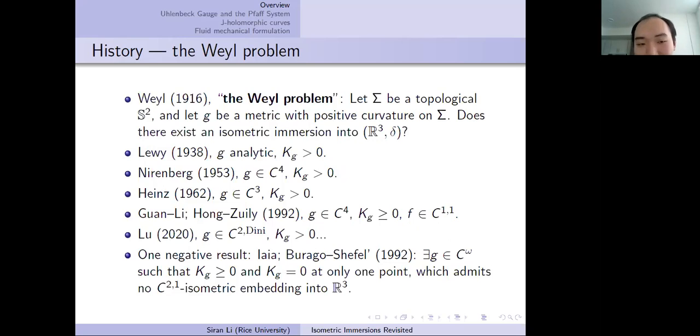Weyl himself approached this problem, and I think he achieved various a priori estimates for it. In 1938, Hans Lewy proved the existence of isometric immersions for analytic metric g, where the Gauss curvature is strictly positive.